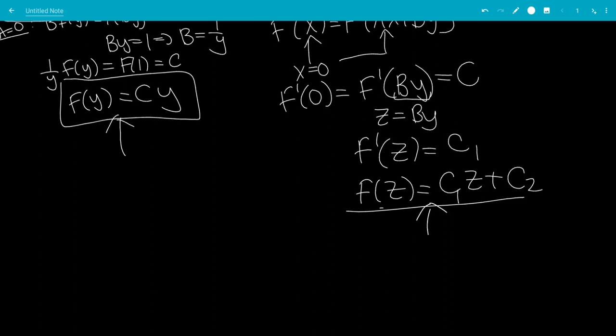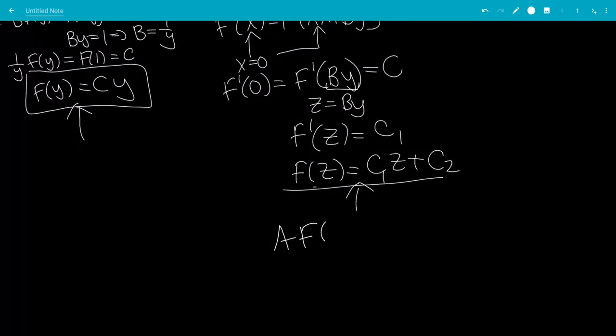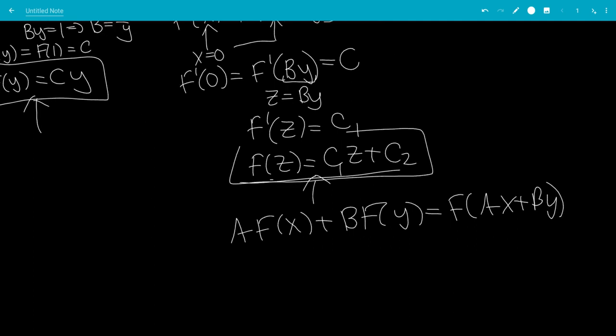But now we can substitute this back into the original and see what we get. The original is a f(x) + b f(y) = f(ax + by). We substitute this in.